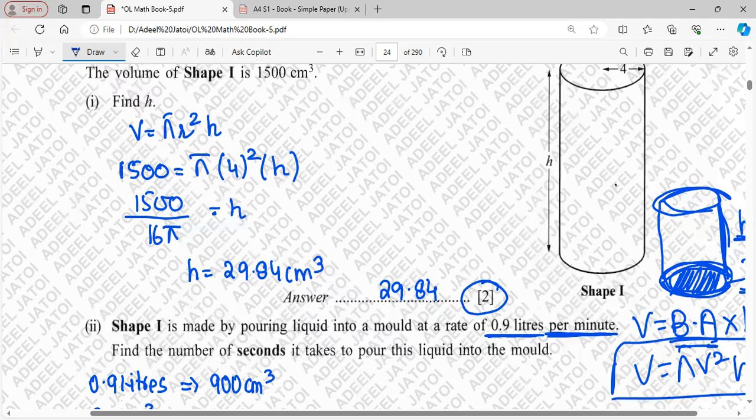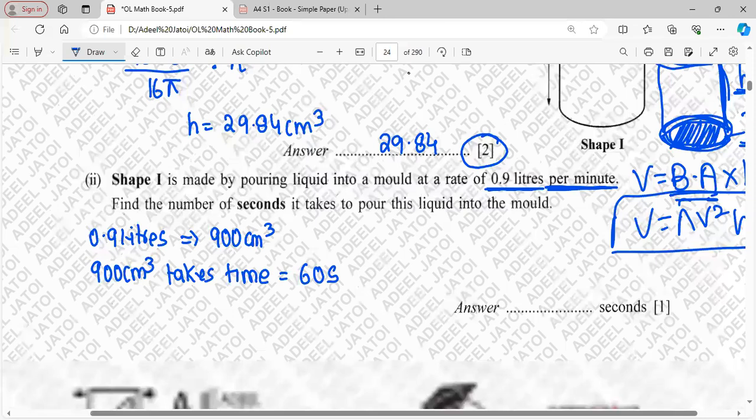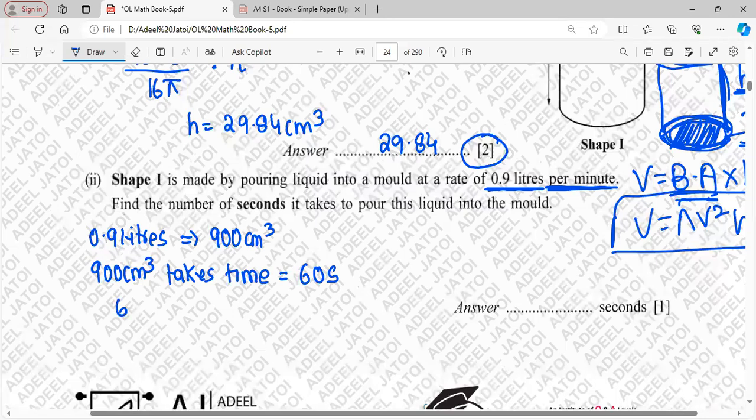So if you need 1500 centimeter cube, what you will be doing is 60 upon 900 multiplied by 1500, which will be 100 seconds.